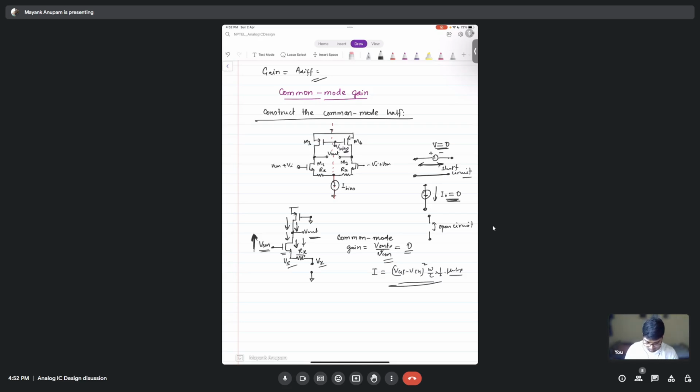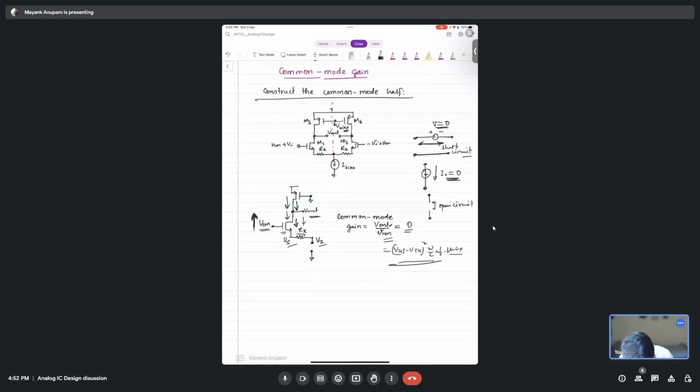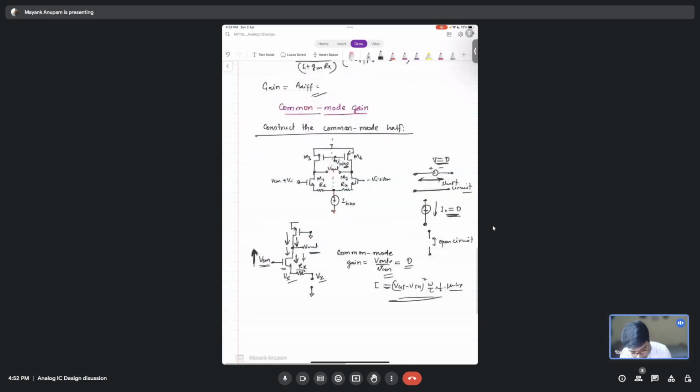Current is constant. Sorry, my bad: incremental current is zero. Current is a constant here. It is I bias by 2. It is flowing in both of these, right? In both of these, the current is I bias by 2.